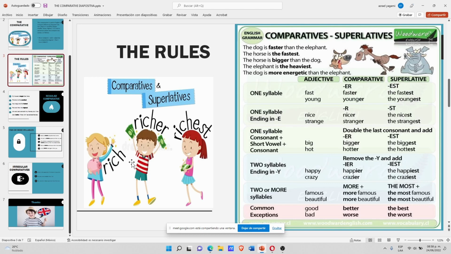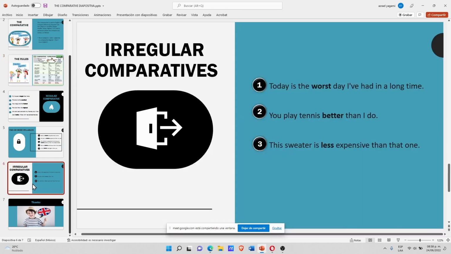For example, the best friend. But in this case, we use the comparative worse and the superlative the worst. Worse, better, and the other example, less.